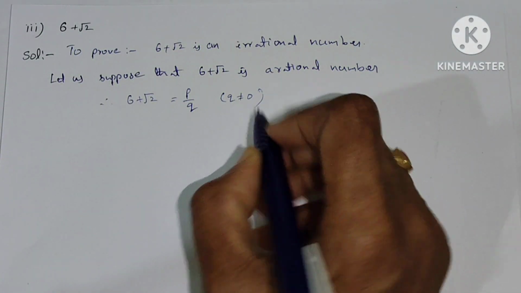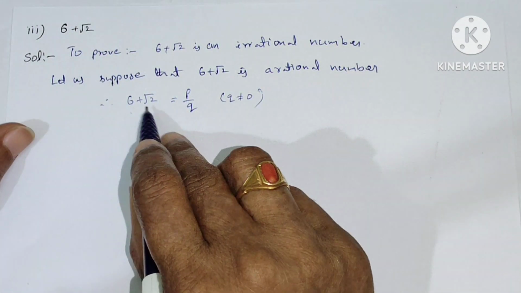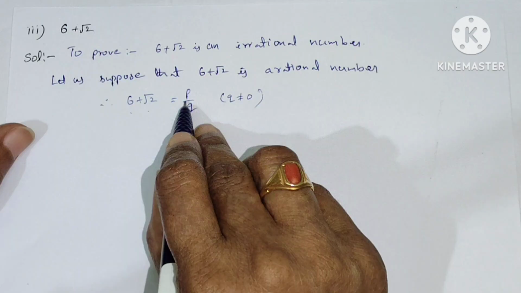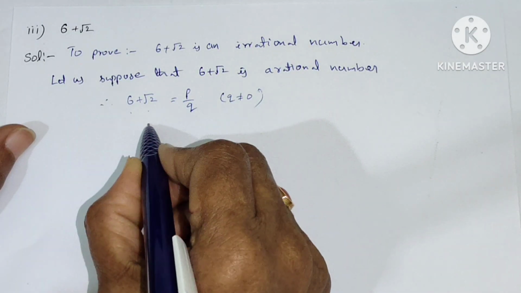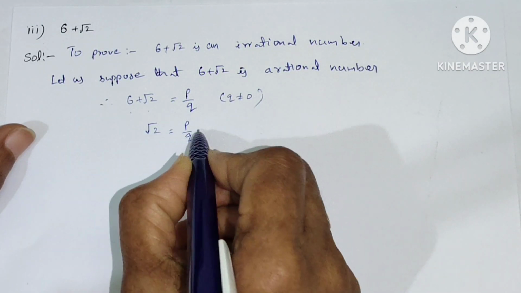So 6 plus root 2 is a rational number of p by q form. So root 2 equals p by q minus 6.